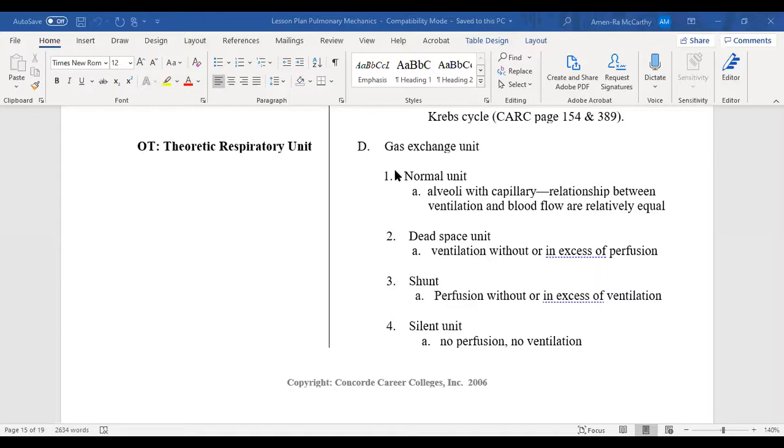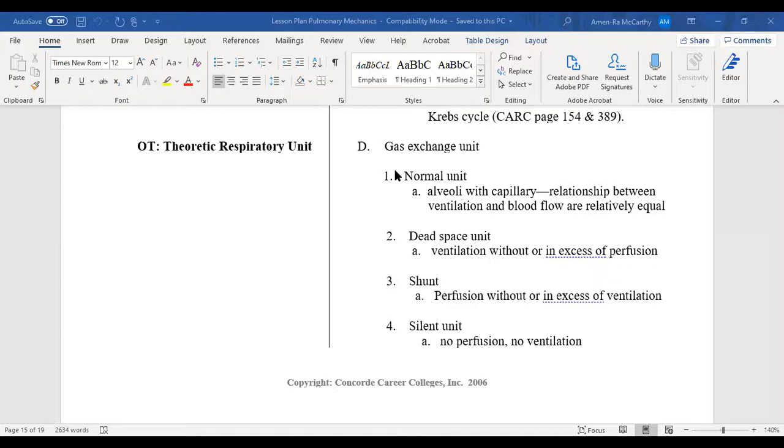We've got perfusion, but we don't have any ventilation. Well, just like 0 to 5 would be a shunt, so would 2 to 5, right? Or 1 to 5, because it should be 4 to 5, right? So it's saying it can be in excess of, it doesn't necessarily have to be no ventilation at all. It just means if the perfusion is way in excess of the ventilation, that's a shunt.